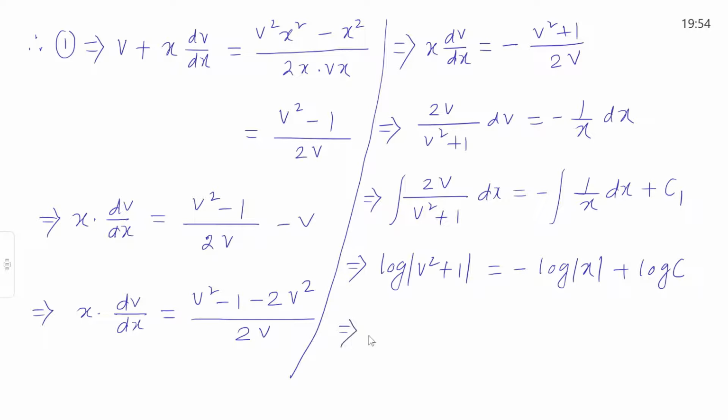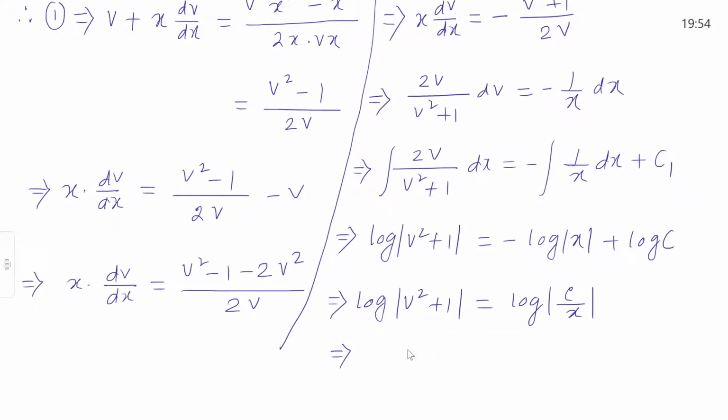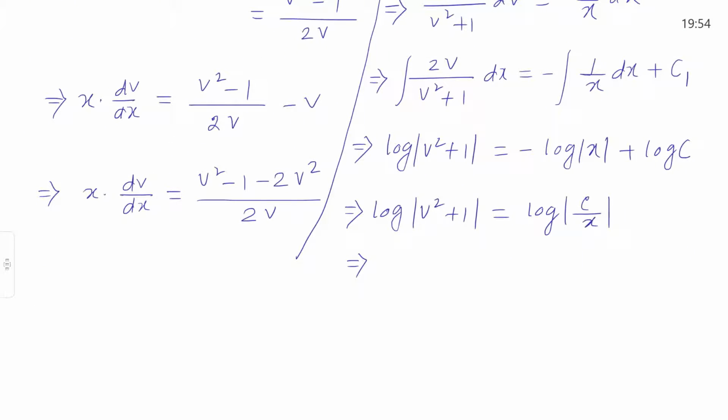Now we can write log of v square plus 1 is equal to combining these two logarithms, log of c by x, because it is minus. Now remove logarithms from both sides, so v square plus 1 is equal to simply c by x.